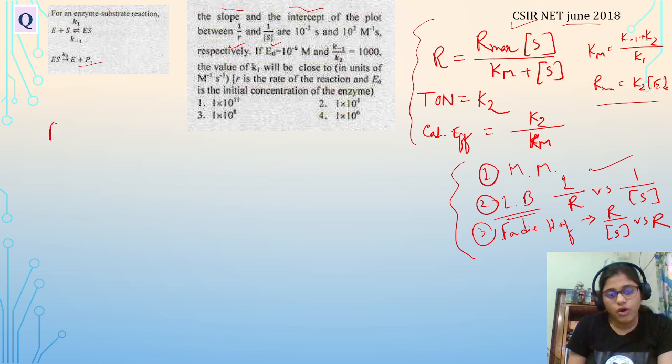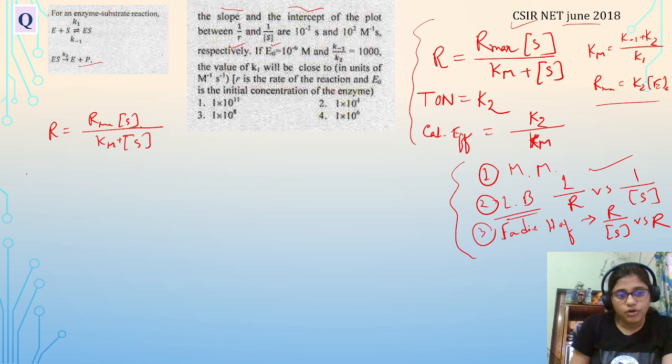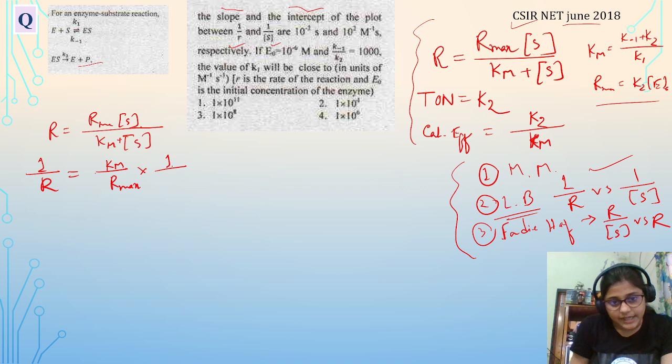So we know R equals R max into S by Km plus S. If we take 1 by R, this will be Km by R max into 1 by S plus 1 by R max.